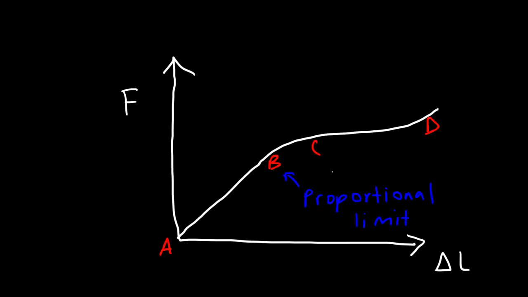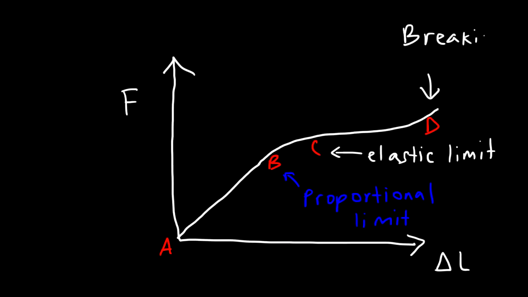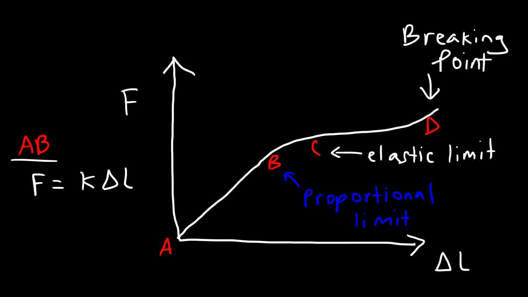Point C is the elastic limit, and point D is the breaking point. In the region between A and B, up to the proportional limit, notice that it's linear. It follows the equation F is equal to k times delta L. So it follows Hooke's law.